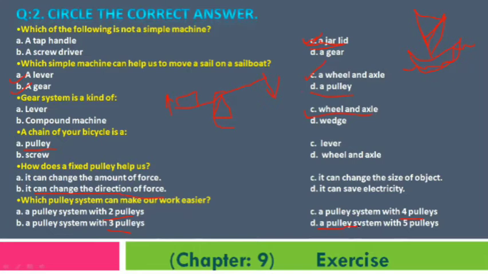Yes, as many pulleys as we fix in the pulley system, we will get the work easier. So answer D is the correct answer. Here C is correct. Here D is correct. Here C is correct. Here A is correct. Here B is correct. And here D is correct.